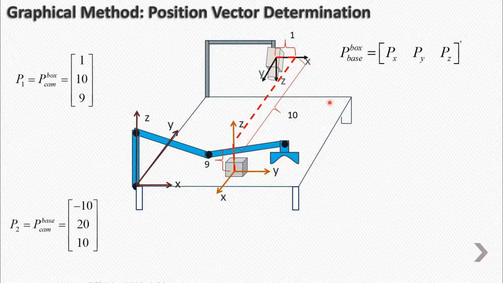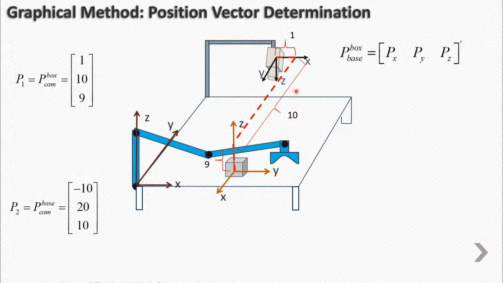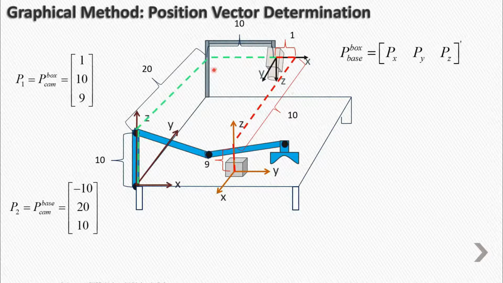And how about the P2? P2 is cam to base, so we can draw cam to base like this. Alright, so negative means at the back of the X of the camera, so -10 and +20, and below is +10. Okay, because they follow the cam poles. The cam poles here is positive, not following the base poles.